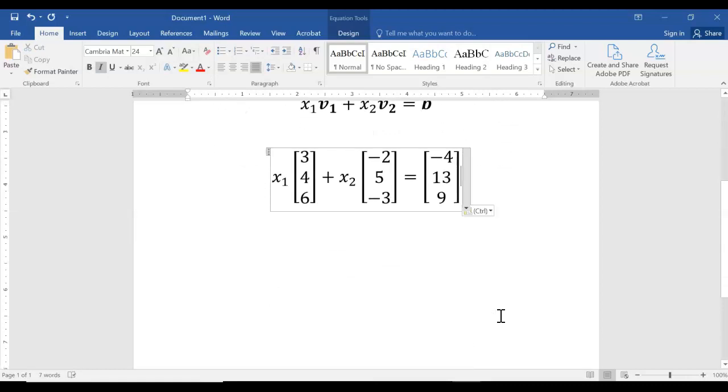In other words, it's a linear combination if we can find x1 and x2 that satisfy this equation.